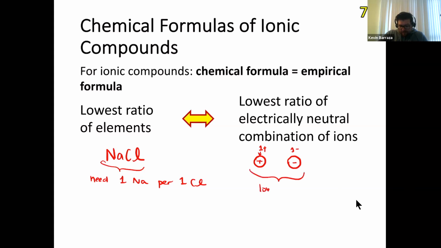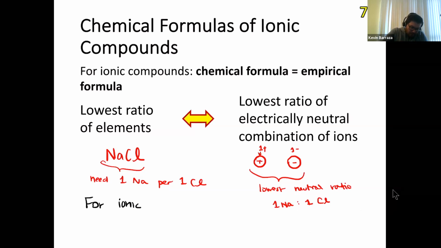Then the lowest neutral ratio is also 1 Na to 1 Cl. That's because sodium carries a +1 charge when it becomes an ion, and Cl makes a -1 charge. So if this is a +1 and this is a -1, then a 1-to-1 ratio will make them neutral. That's kind of the key here.